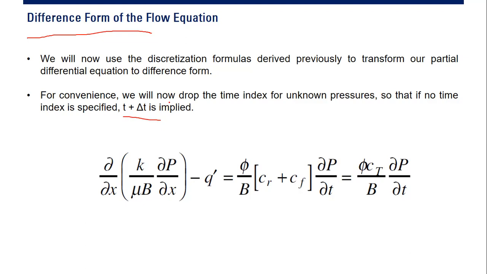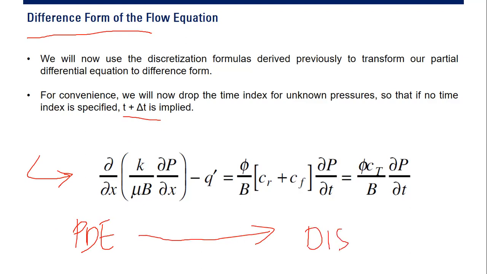Okay, remember again, this is our starting point. This is our one-dimensional, one-phase fluid flow equation, but still in PDE, partial differential equation. I want to change it to discretized form, or difference form.